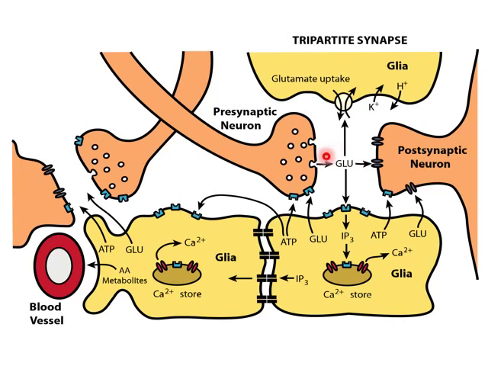Now, the glutamate that's released can activate receptors on the postsynaptic neuron, but as we've seen, this glutamate and other transmitters, including ATP, can also activate receptors on the astrocyte.